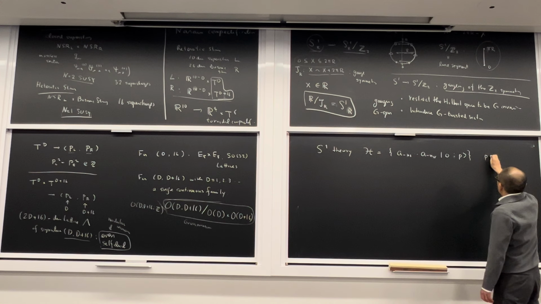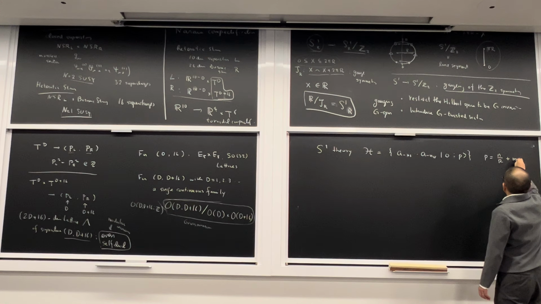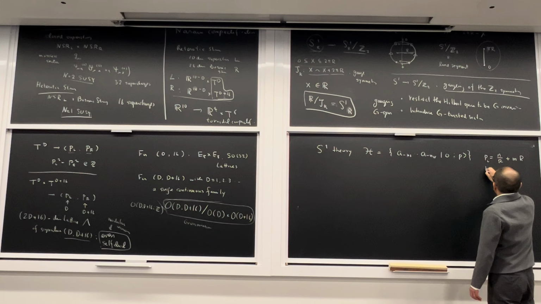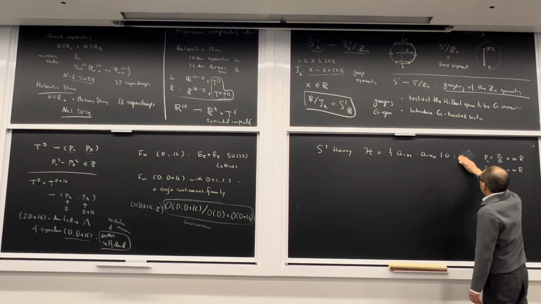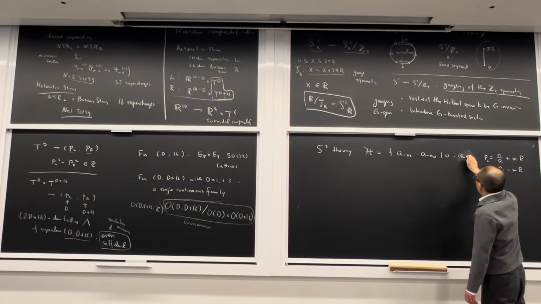Momentum p is given by n over r plus mr for the left mover, and the right mover has n over r minus mr. So momentum has left mover momentum and right mover momentum.